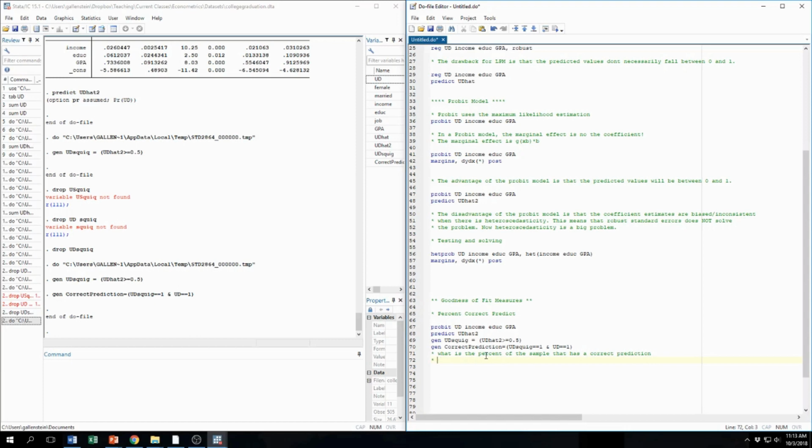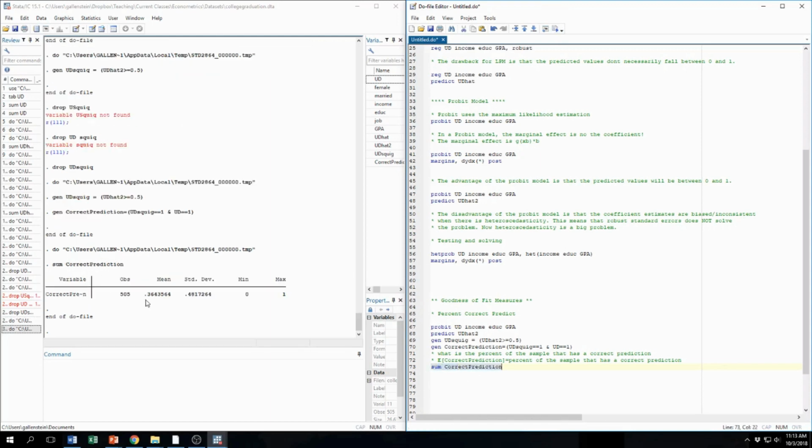So the expected value of correct prediction equals the percent of the sample that has a correct prediction. So let's just sum correct prediction, and the higher this average is, the better. All right, correct prediction, 36%. Only 36% of the sample has a correct prediction.